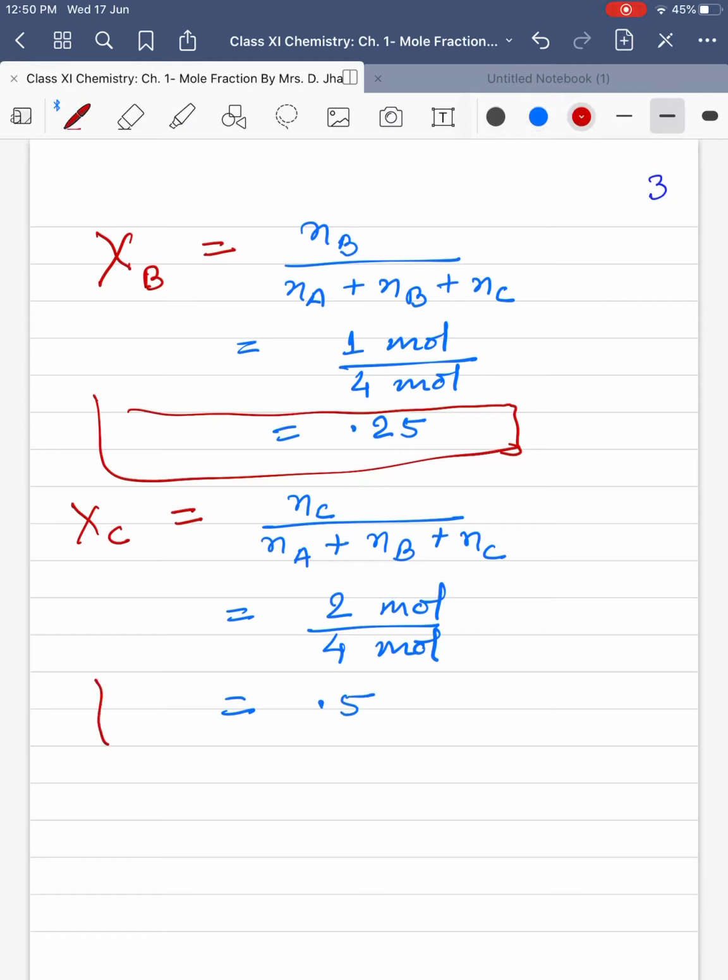This is the mole fraction of C. So in this way you can calculate the mole fractions of different components present in a solution.